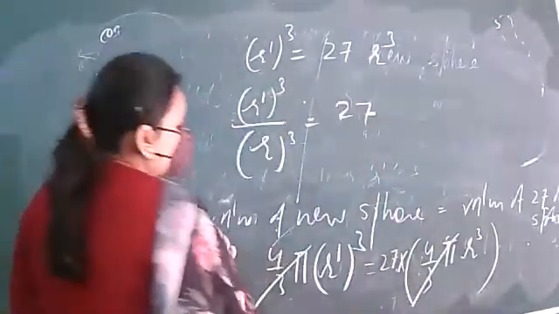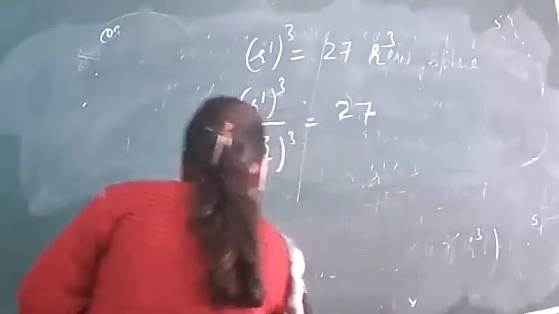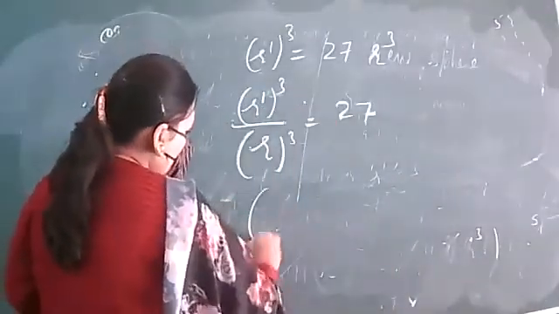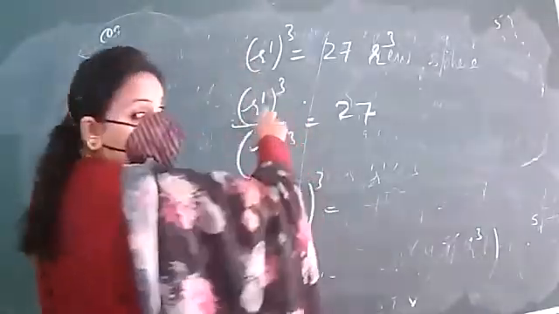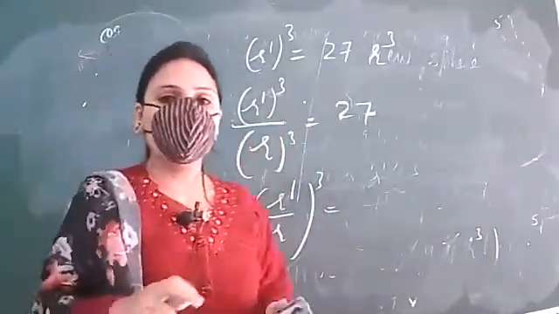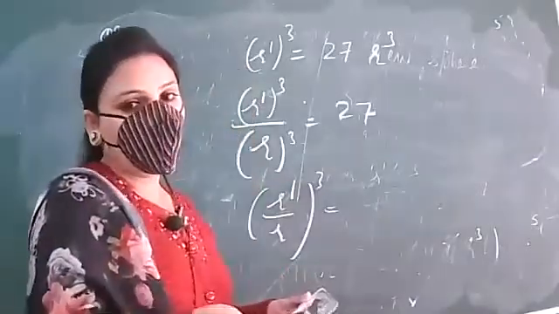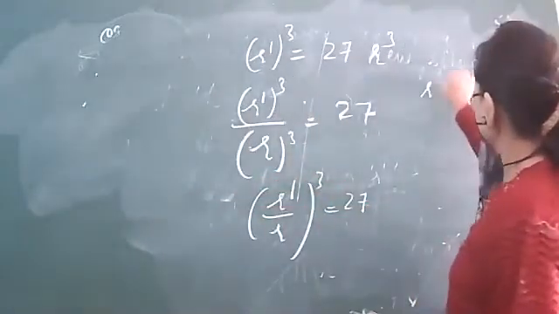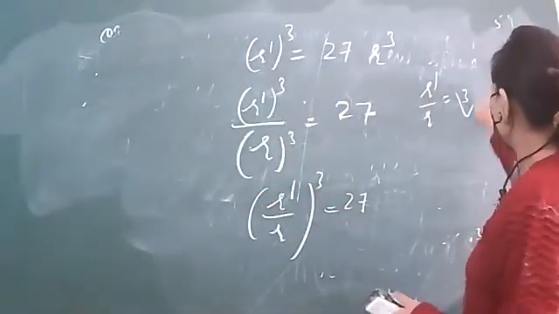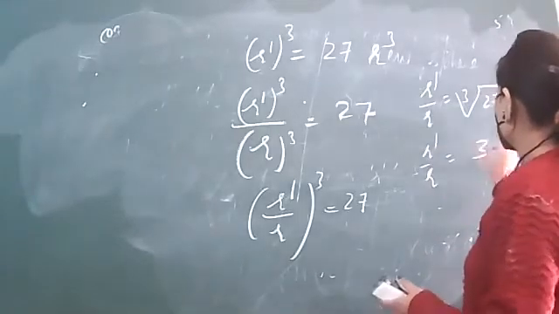Using the concept of exponents and powers, a cube over b cube can be written as a over b whole cube. So I am writing r dash over r whole cube. The numerator has a cube power, and the denominator also has a cube power, so it can be combined as a fraction with the cube power. So this is 27. So r dash over r is the cube root of 27, which is 3.